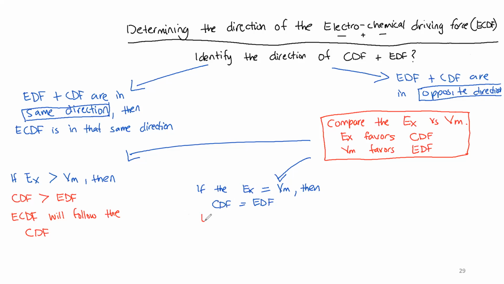And we can say that the ECDF is equal to 0. In other words, no net movement. Right? We're at equilibrium.